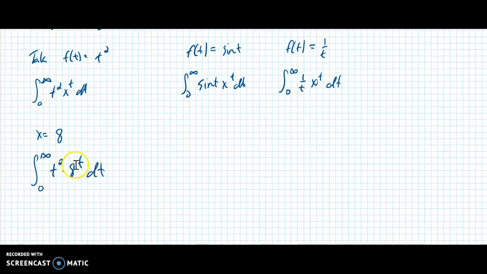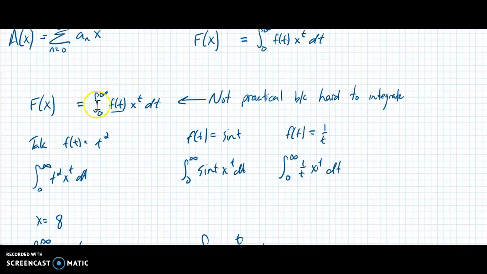But there is a base that we know how to integrate. The integral of something to the t dt. What do I know how to integrate? I know how to do the integral of e to the t. So if my base was e instead of x, then maybe, just maybe, I can integrate that.